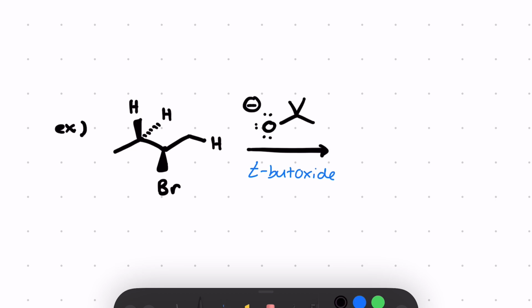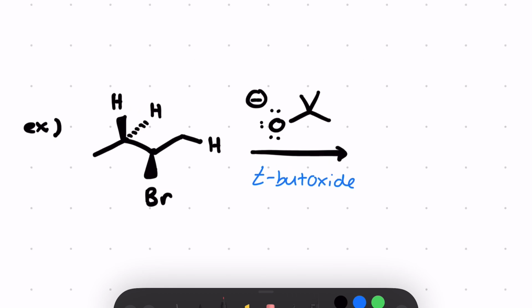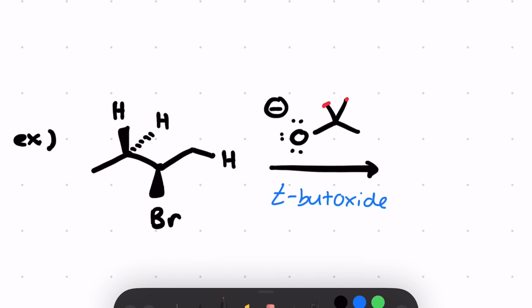Tert butoxide is a strong base, but it is a bulky base, okay? What that means is if tert butoxide has the option, it is going to prefer to take the less sterically hindered proton, okay? The base has these three methyl groups.